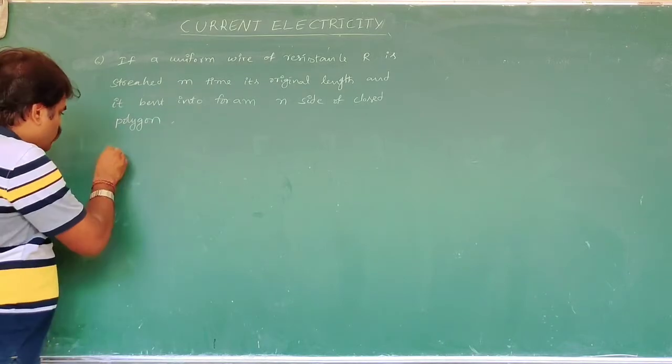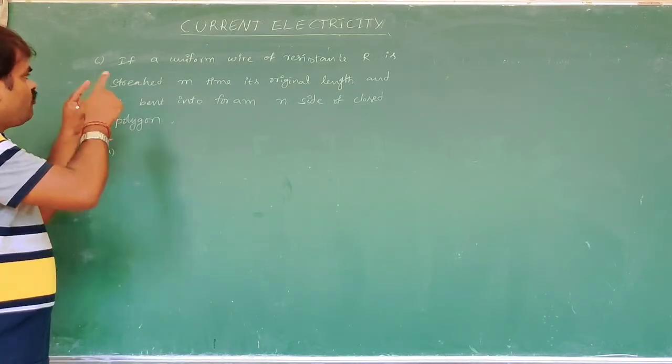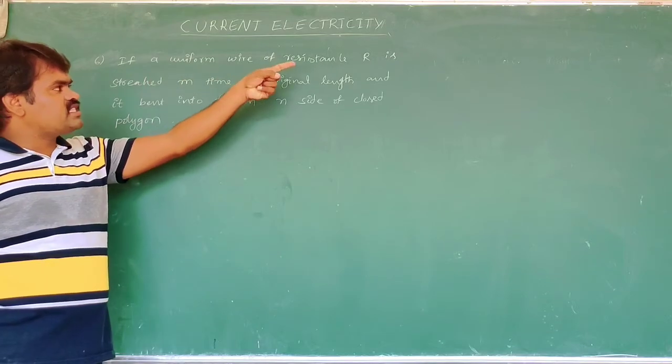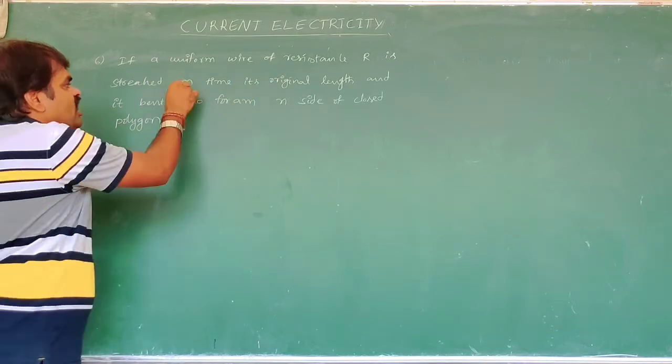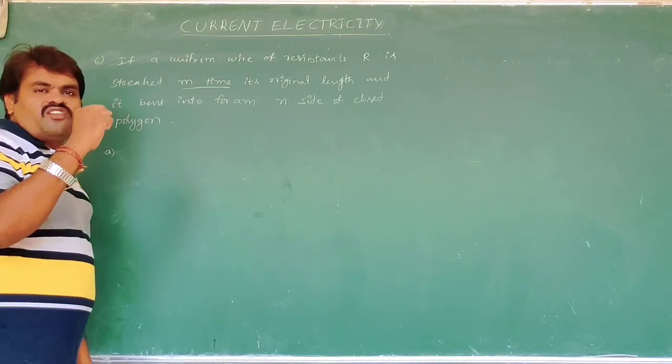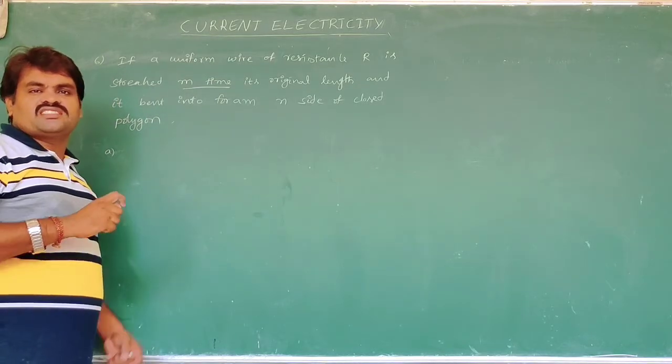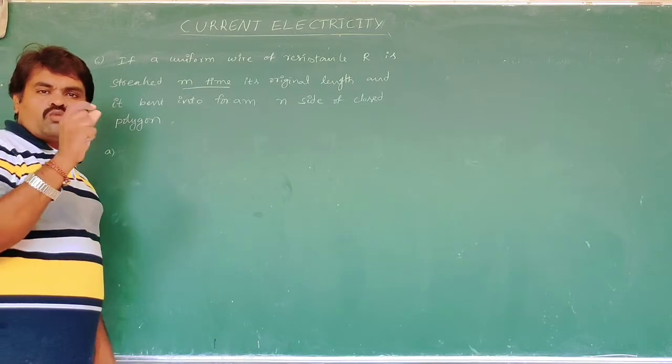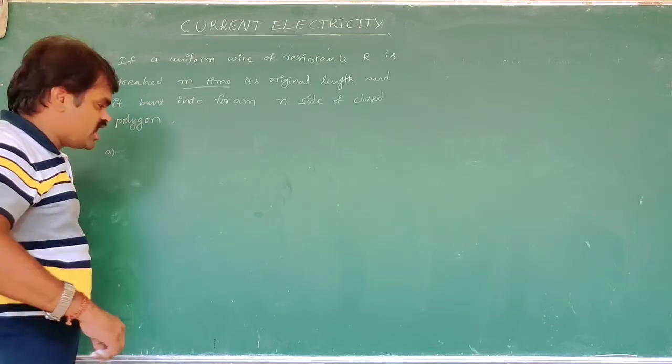Here, first, what is given? A uniform wire of resistance R is stretched m times. Stretching means the area of cross section of the wire decreases and the length increases, but the volume of the wire remains constant.